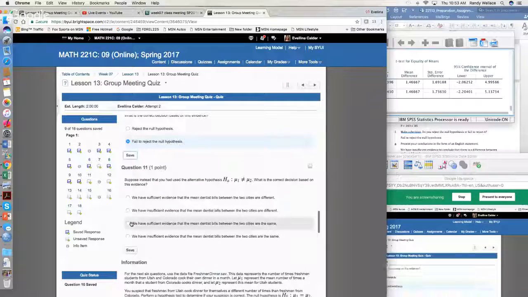Okay, so number 11, suppose instead that you had to use the alternative hypothesis, mu1 does not equal mu2. What is the correct decision based on this evidence?